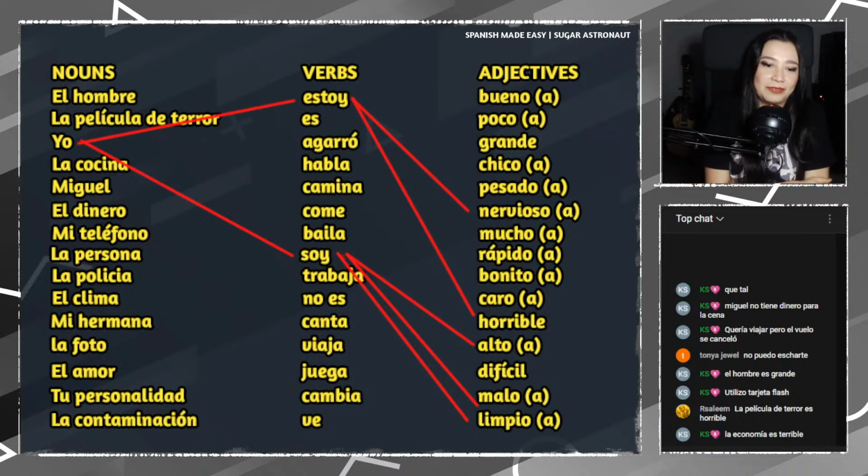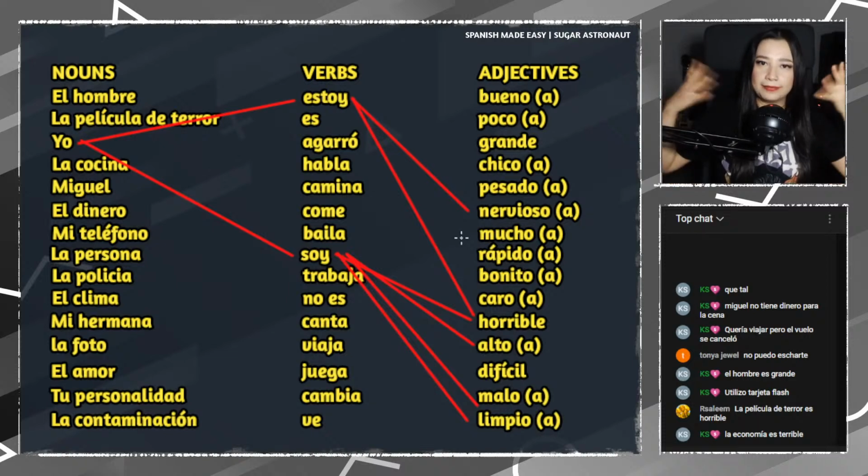It's very subjective, but technically that can be a sentence. Yo estoy horrible. I'm horrible. If you're talking about your personality, you can say yo soy horrible. As in my personality, the way I am, it's just like I'm a horrible person, okay? If you say yo estoy horrible, it's more like physical appearance.